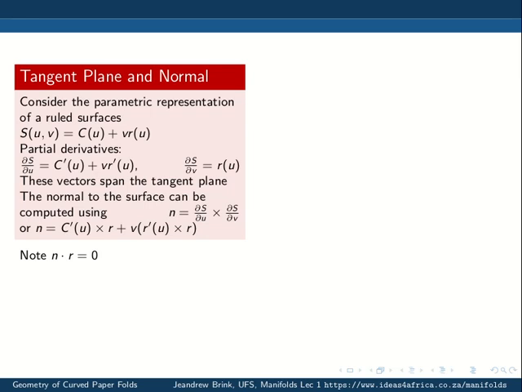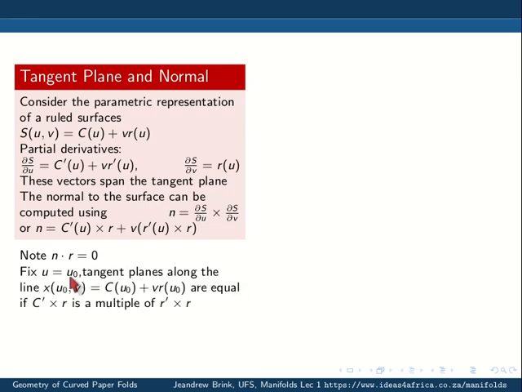It can change. Okay. So what we're going to do now is look at the restriction of these surfaces so that the normal vector actually remains constant. So what we do is we pick one point on the curve, and we call it u0.